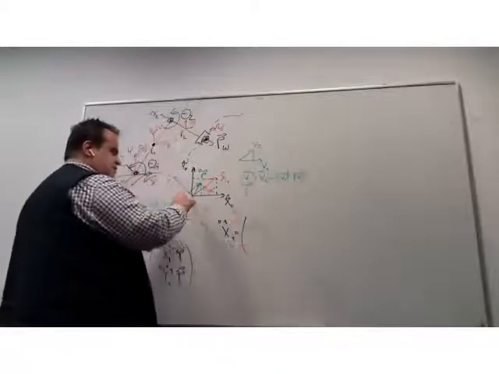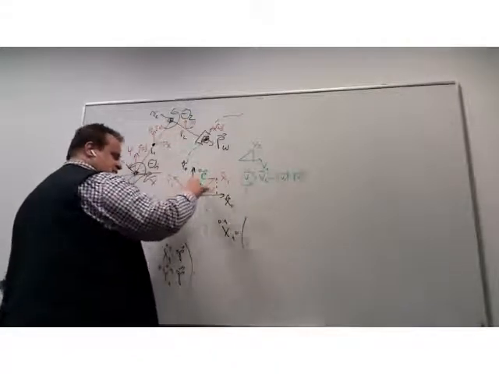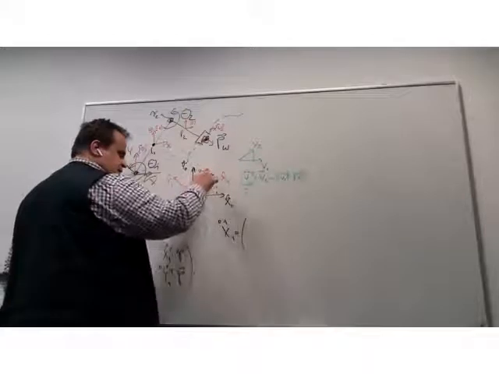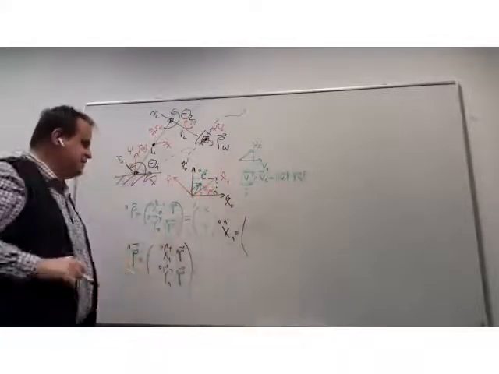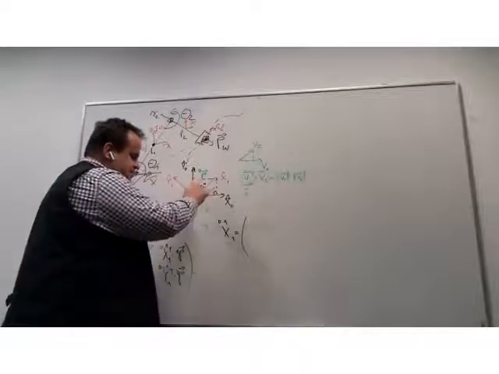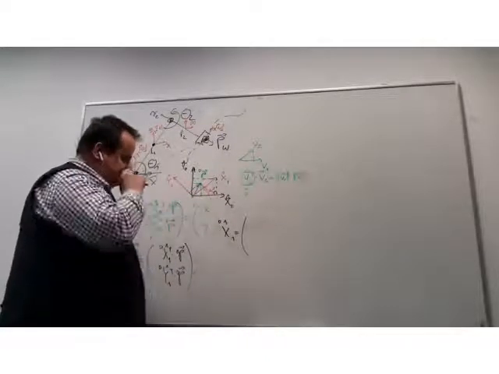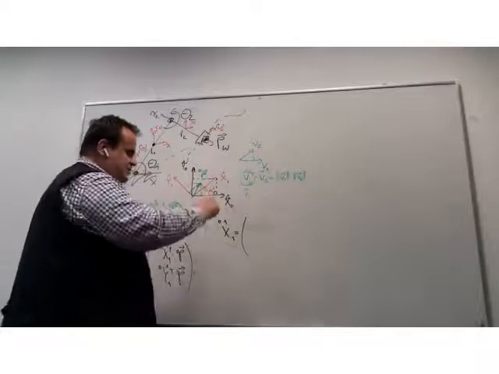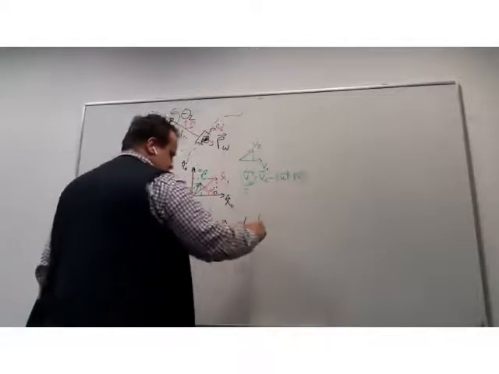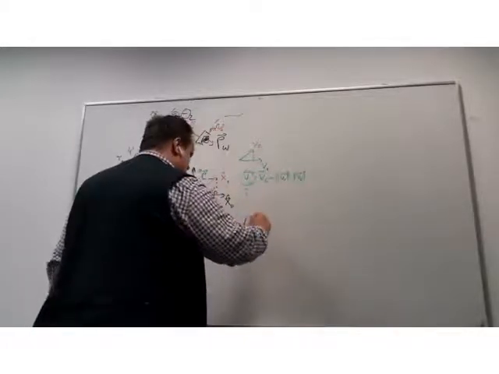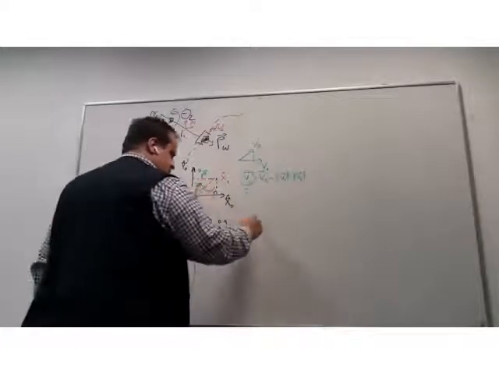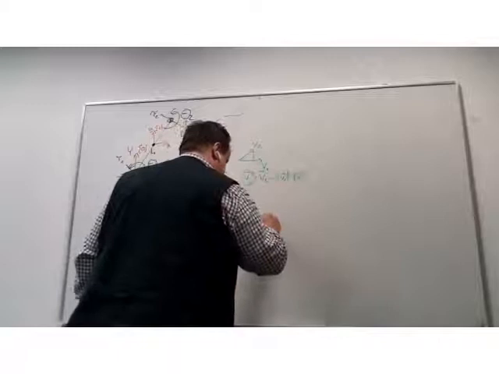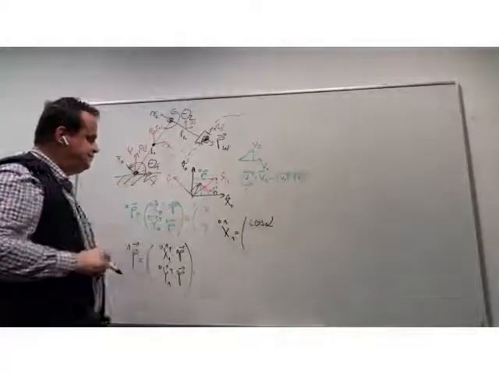We see if this is a unit vector, it's of length 1. This is a 90-degree angle. So the x component of x1 is just cosine of alpha.